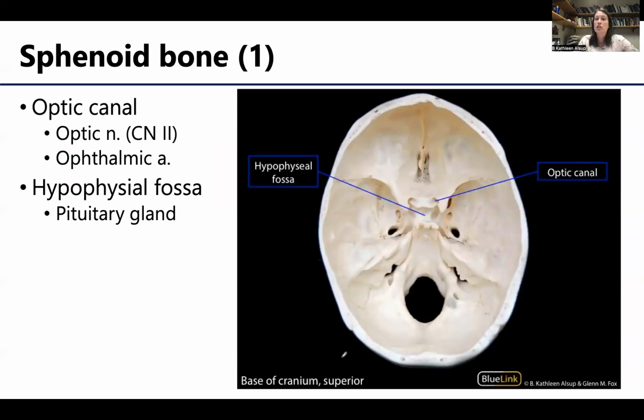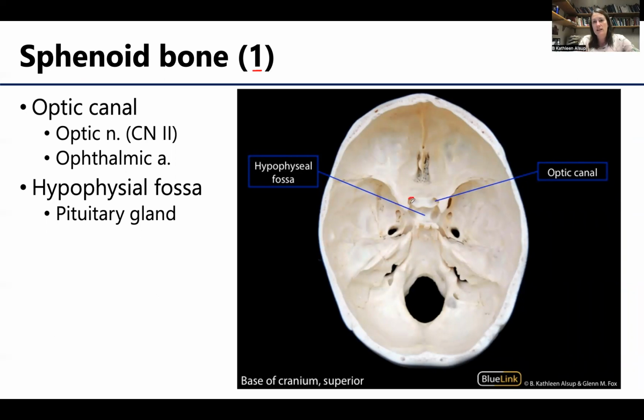Now, in this region, you're going to have a lot of foramina, so a lot of means by which neurovasculature travels through this region. Oh, and one thing I forgot to mention is that there is only one sphenoid bone. It is not paired. So some of the more important ones that I do want you to understand, I'm not going to have you know every single foramen, even though it may feel like I do. I'm not, believe me.